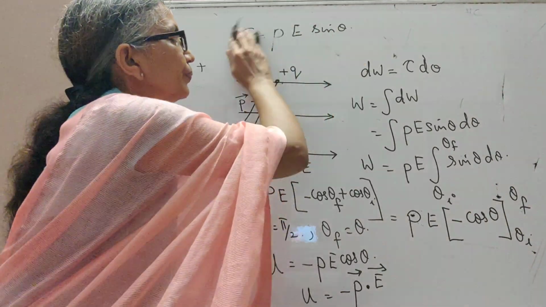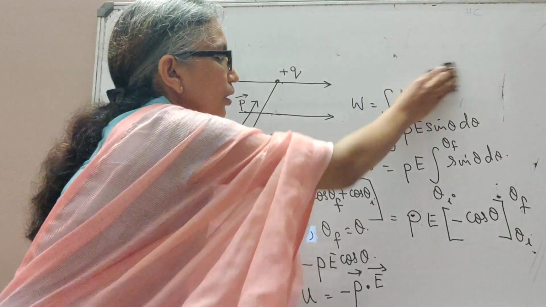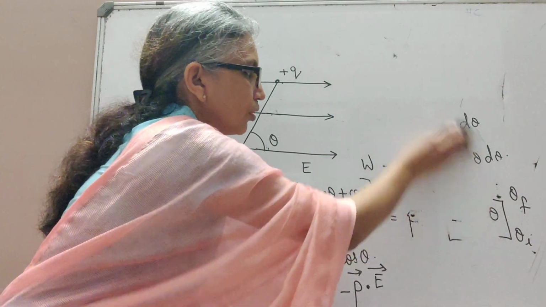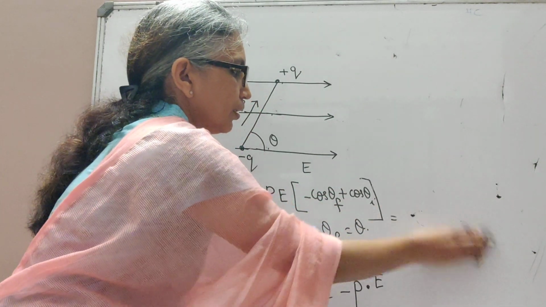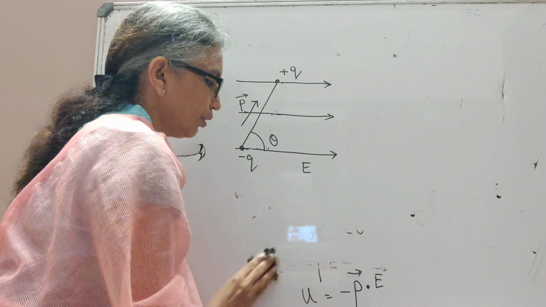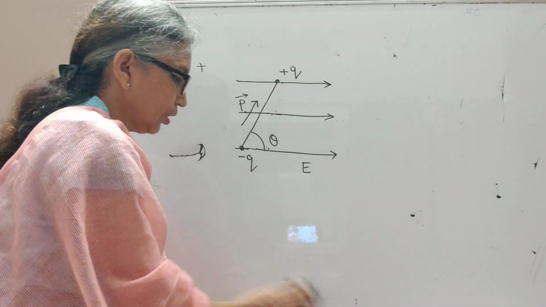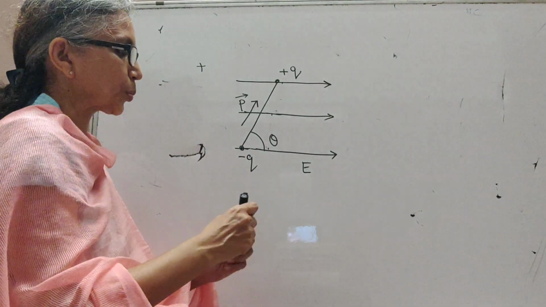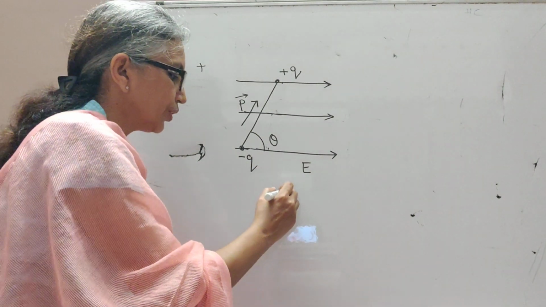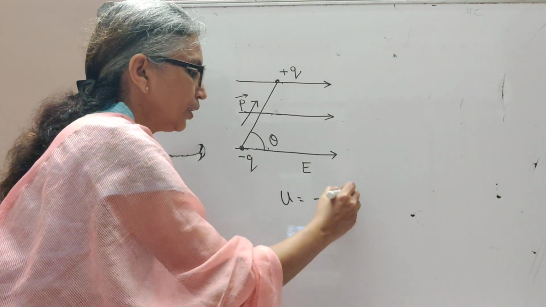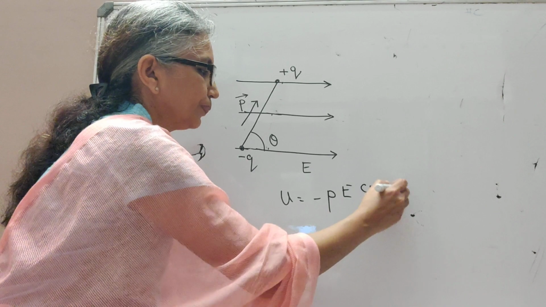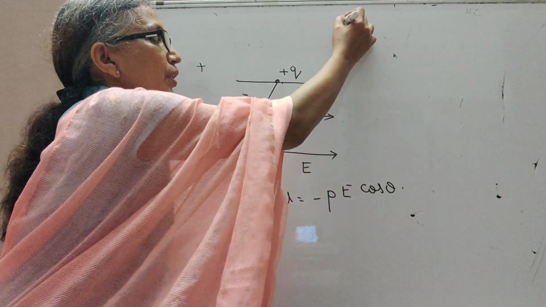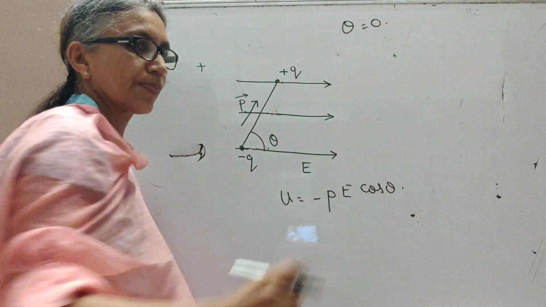Now here, suppose your theta is 0. Your final formula for potential energy is minus PE cos theta. Now suppose theta is 0.